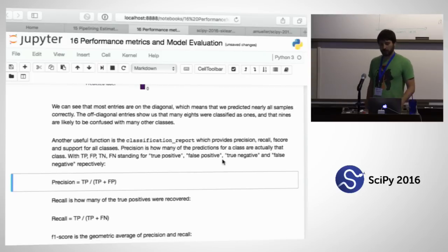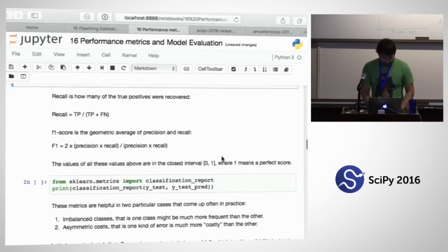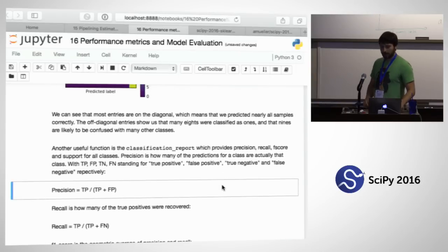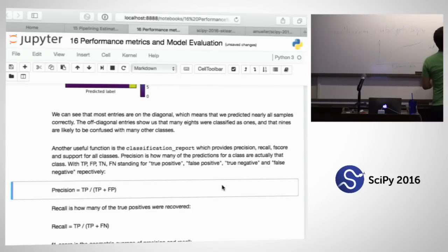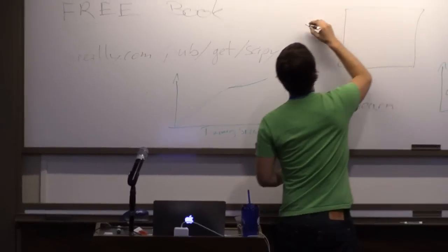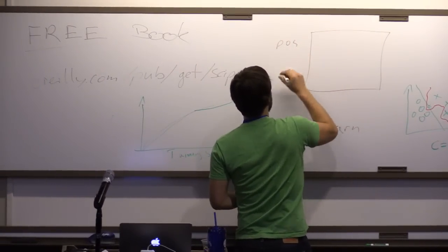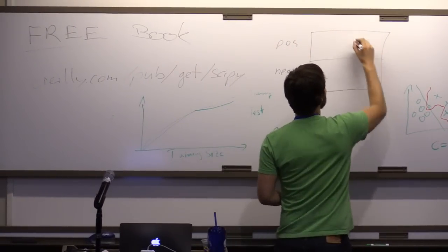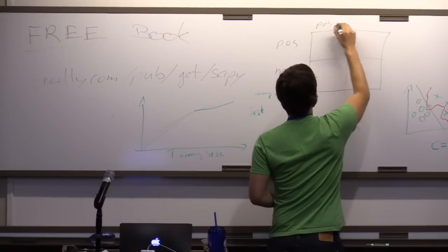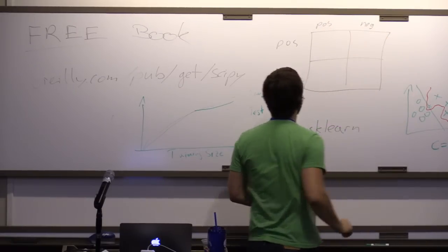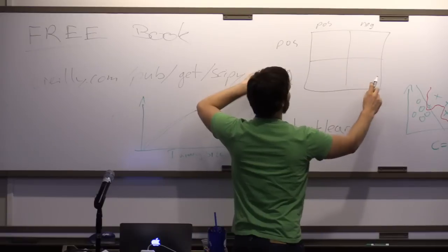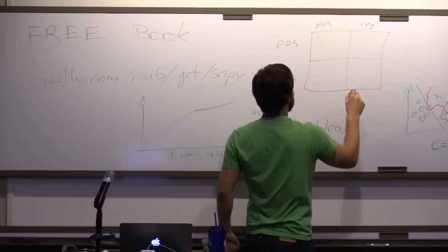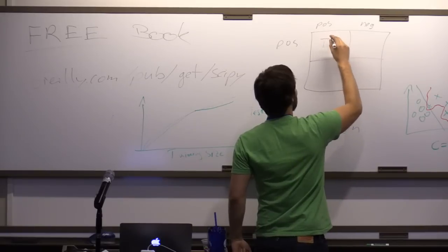And so if we have binary classification, the confusion matrix looks something like this. We have the positive and the negative class. So this is true positive class, true negative class, predicted as positive, predicted as negative. And so these are called the true positives.